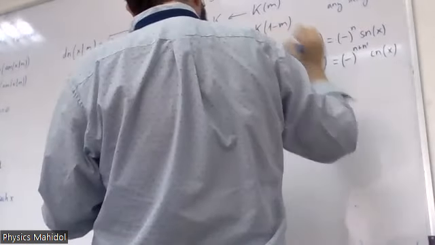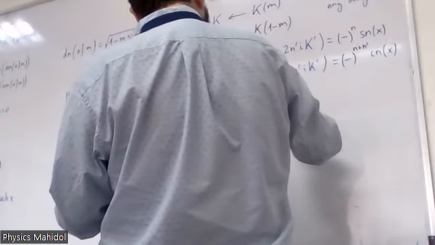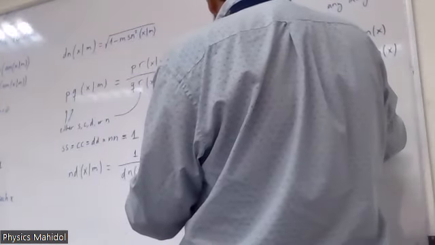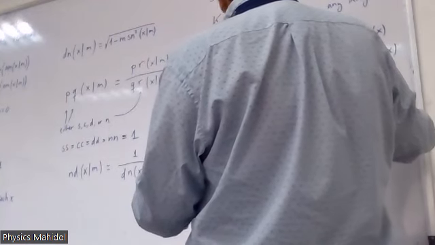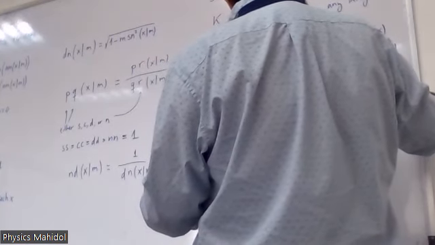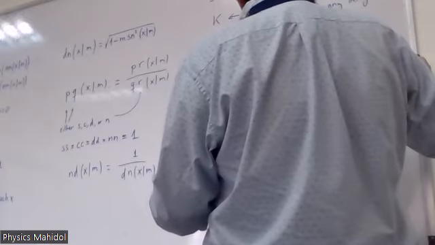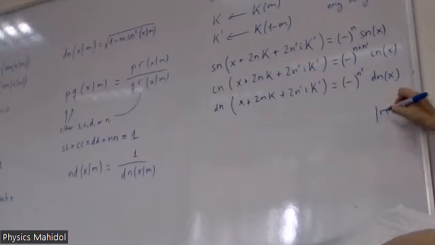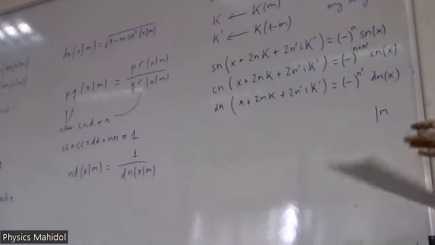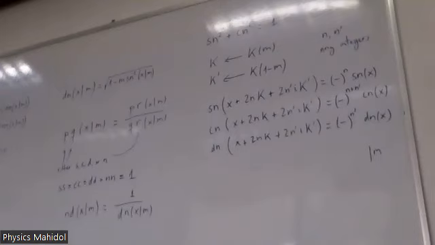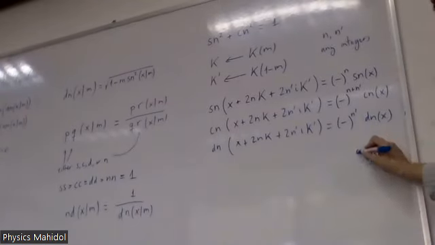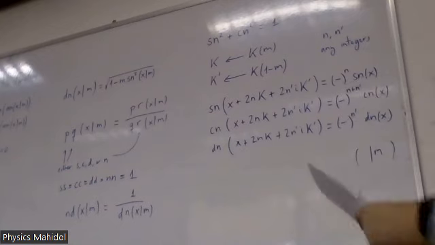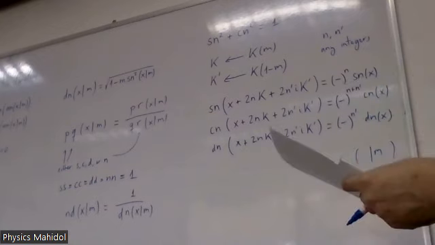We got 2k and 4k prime, so we can represent it like this. Evaluated at x plus 2nk plus 2n prime i k prime, I get minus one to the power of n prime times the function at x. And well, here, of course, all of these functions should have a slash m, but I'm just doing it for simplicity.